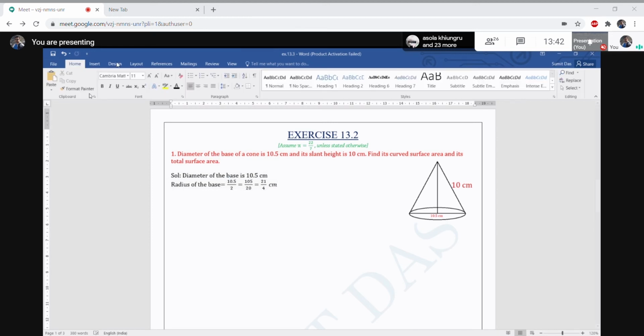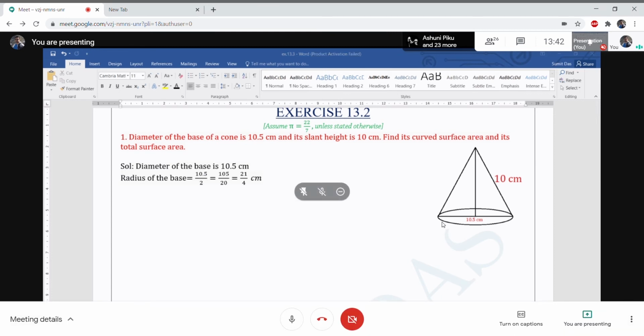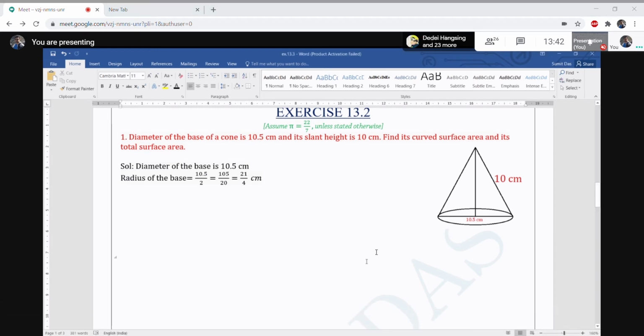In mensuration, always try to write the decimal in fraction form, so it is easy to calculate. This is one very important thing: in mensuration, like in area, especially when a circle is involved, because we used to write the pi value as a fraction.